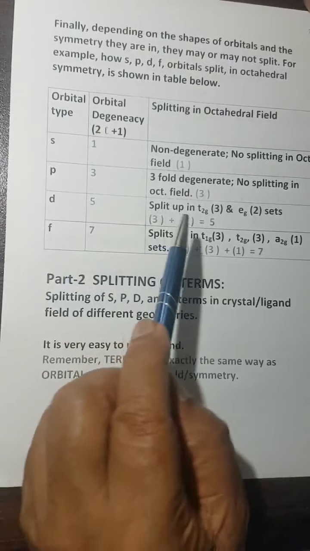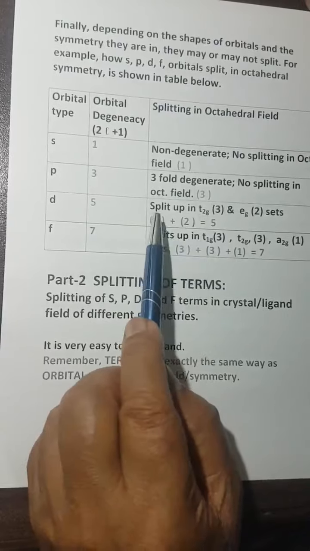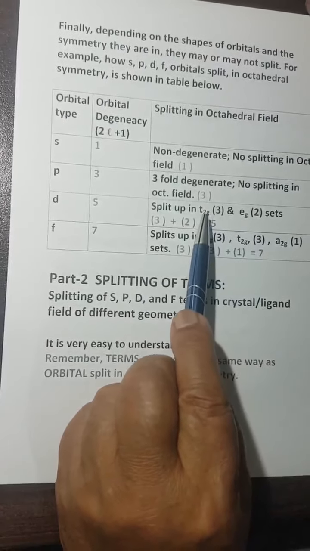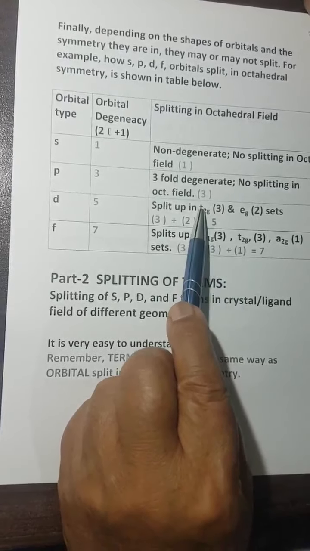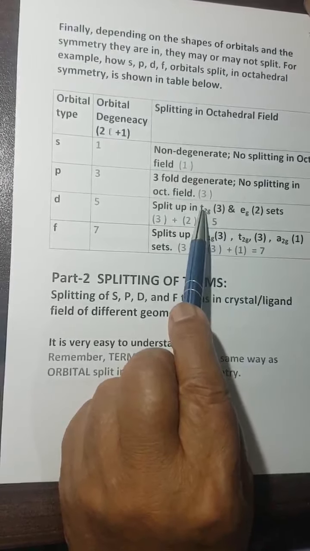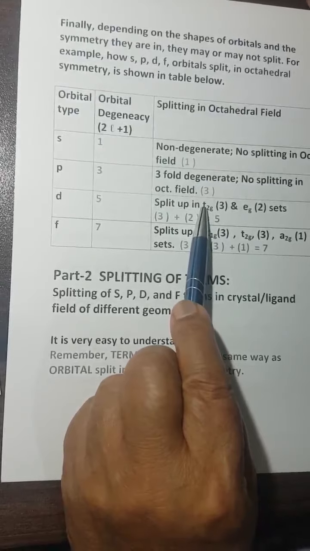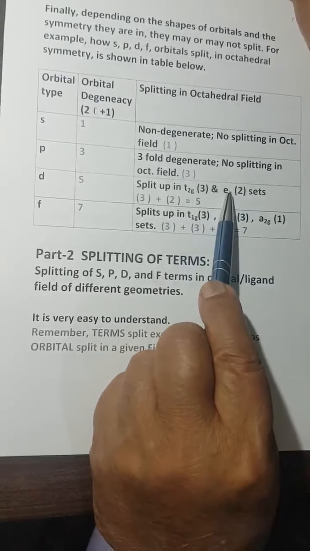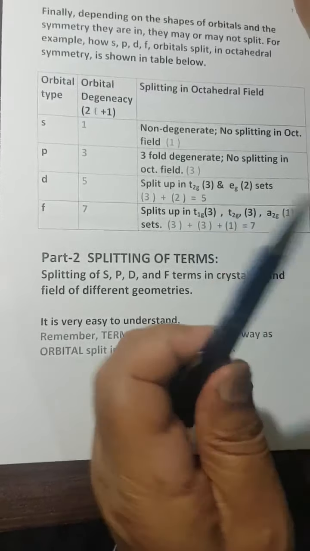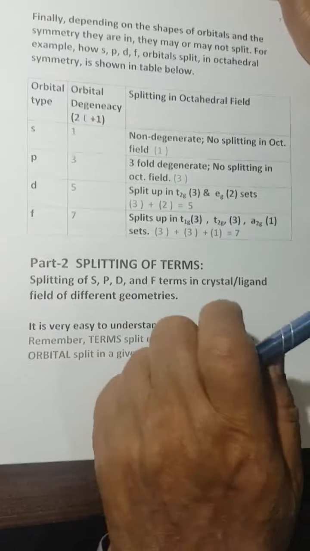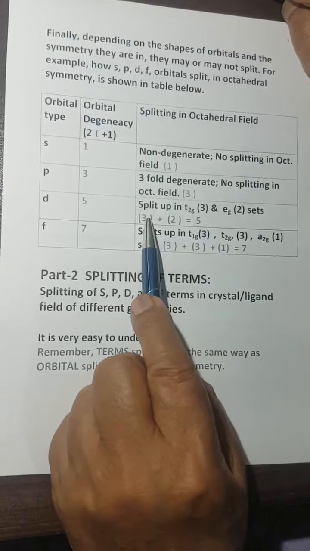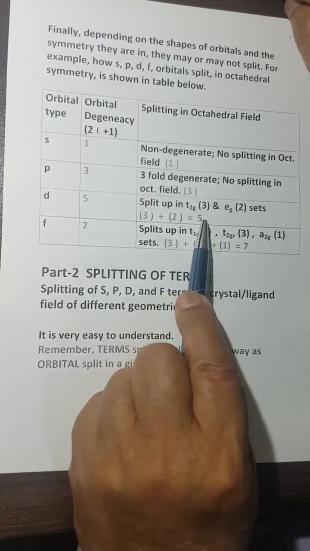D orbitals do split further into T2G set and EG. I explained before, T stands for triply degenerate, so I have put 3. E stands for doubly degenerate, two orbitals with the same energy, so I have put 2. So 3 plus 2 equal to 5.